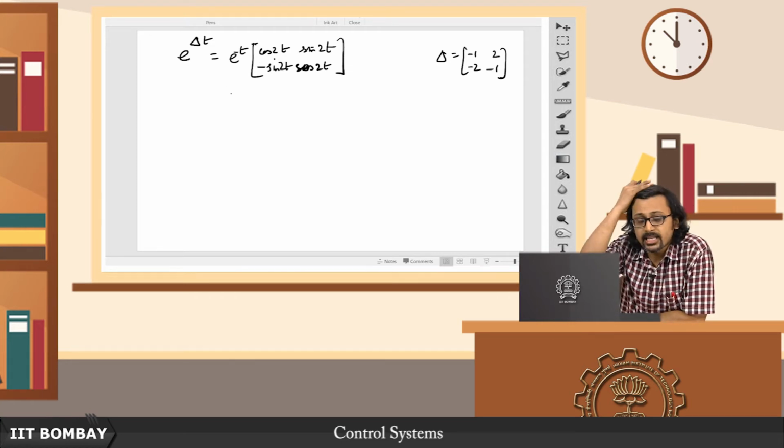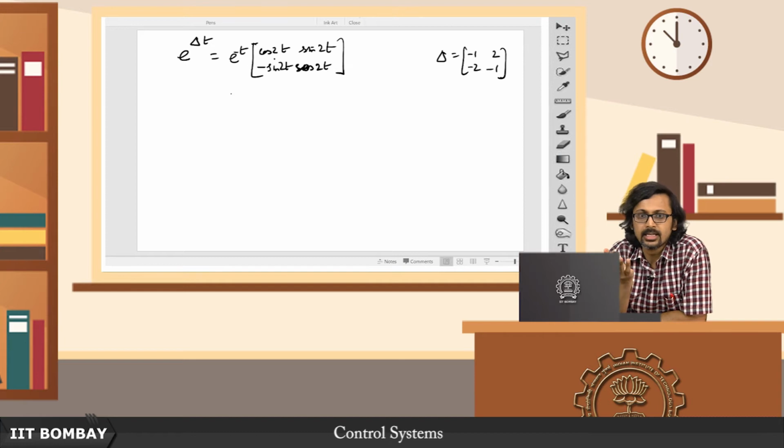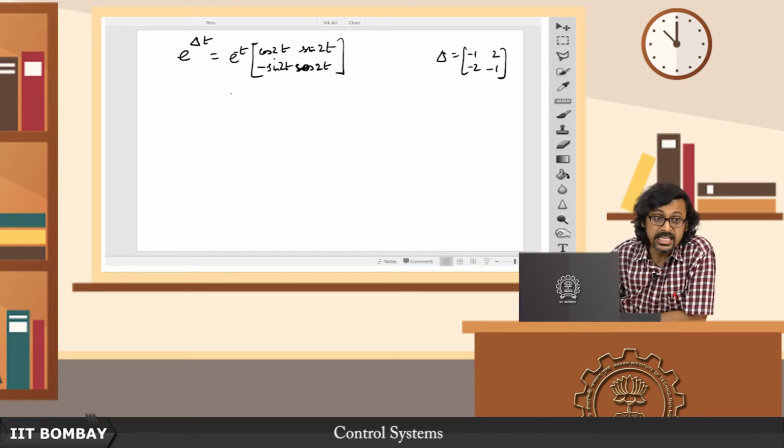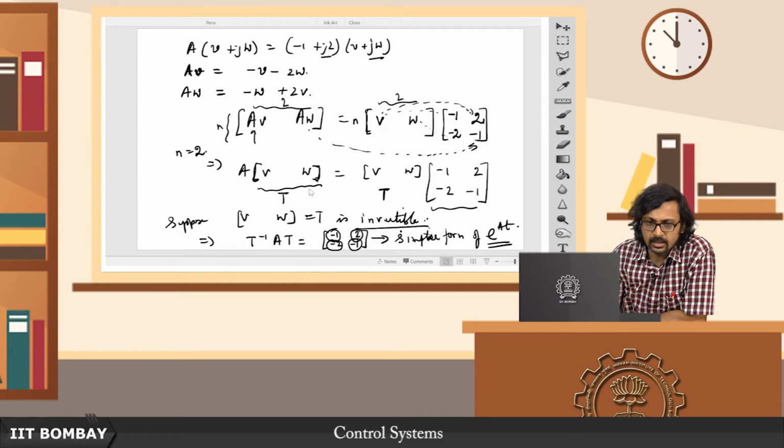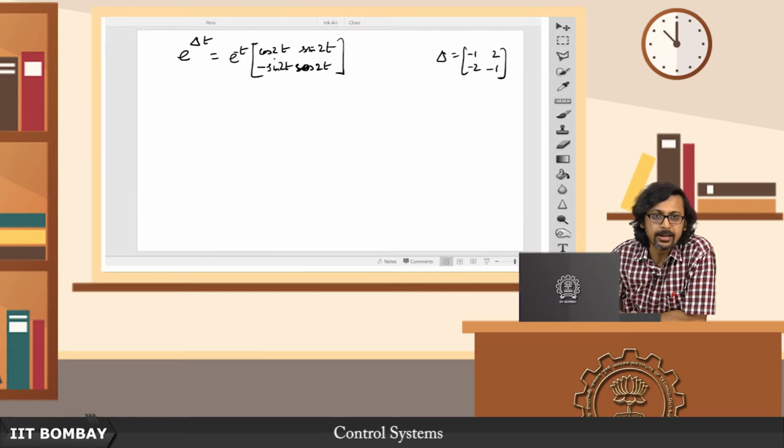Of course, the one catch is that you might ask whether this T matrix that I had chosen is invertible, as I had not proved it. In other words, whether V and W are linearly independent.